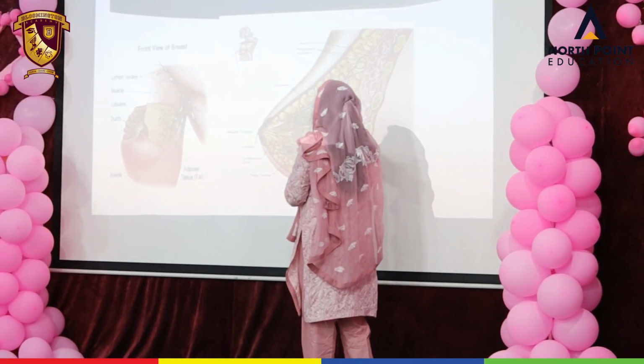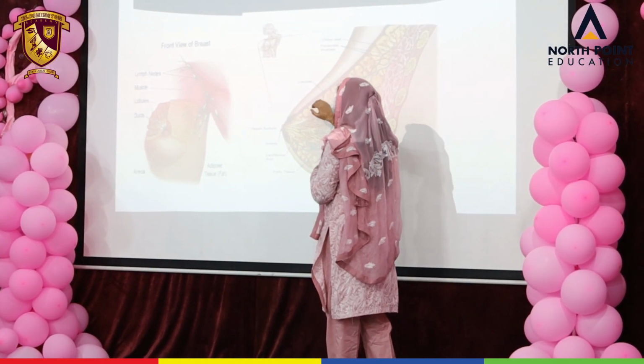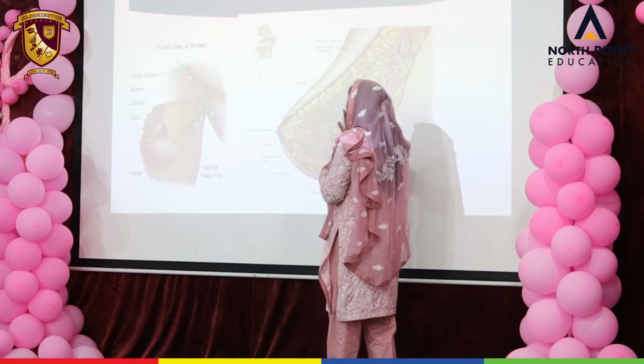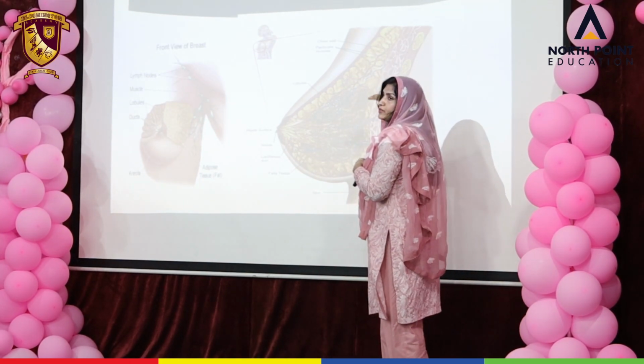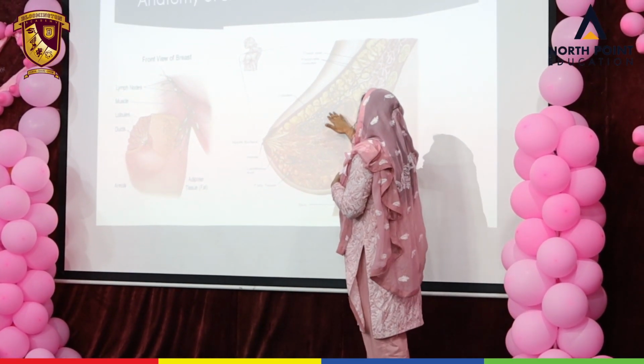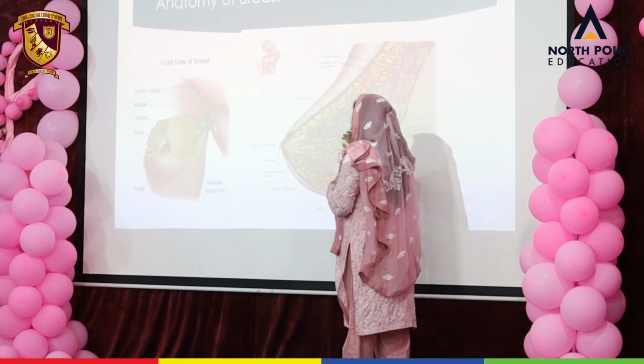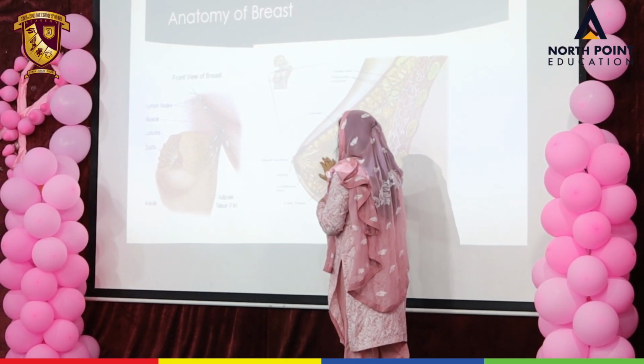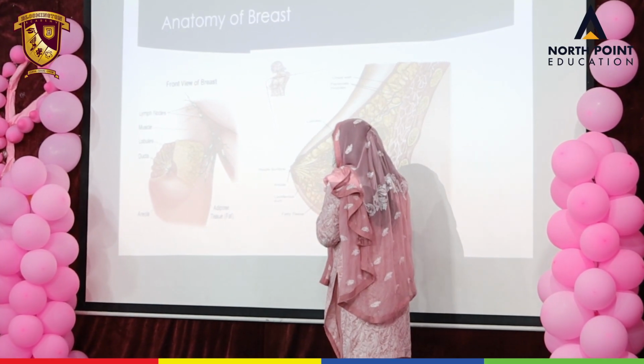These are the adipose tissues, the fat, and there are the lobules. Each breast is divided into 15 to 20 lobes, and inside are lobules, each opening into a duct, which is the lactiferous duct.